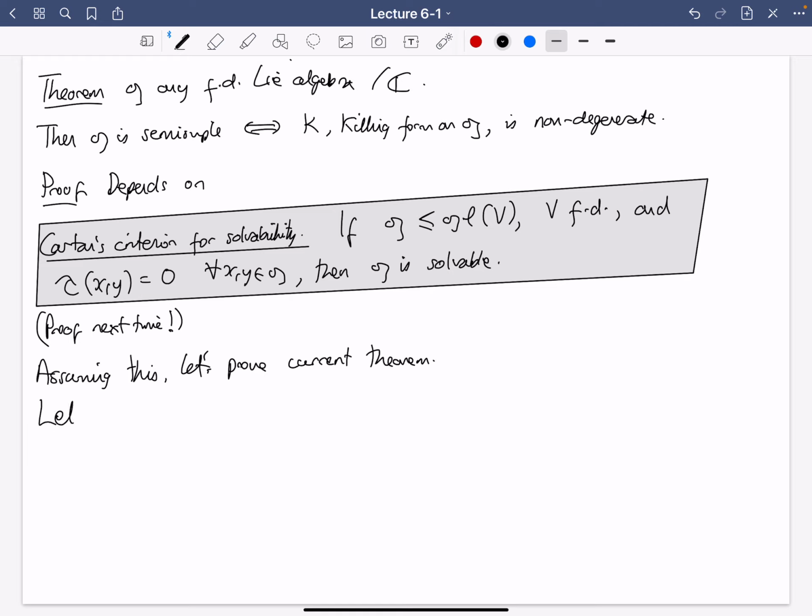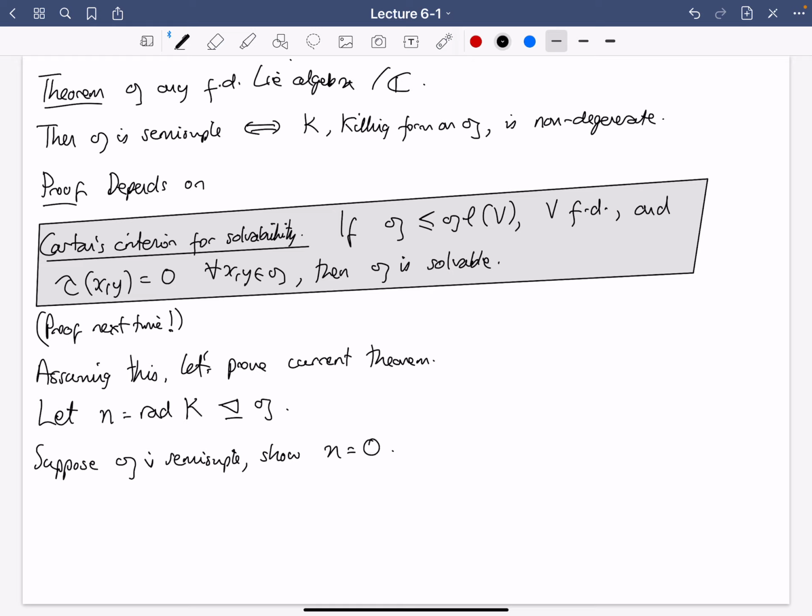So let's let n be the radical of kappa. So we've observed that that's an ideal of our Lie algebra G. So that's the radical of the Killing form. So it's an if and only if. So let's suppose first of all that G is semisimple, and show that n is 0.